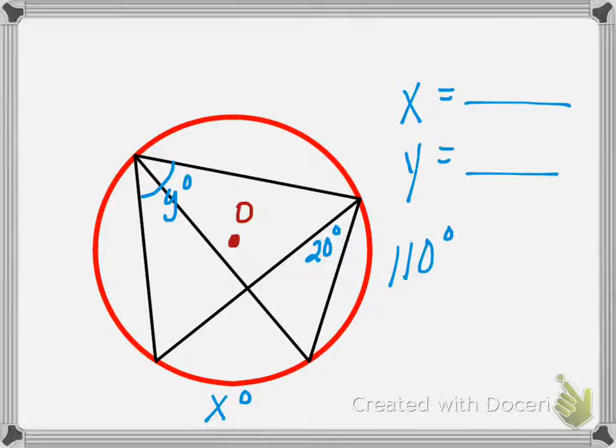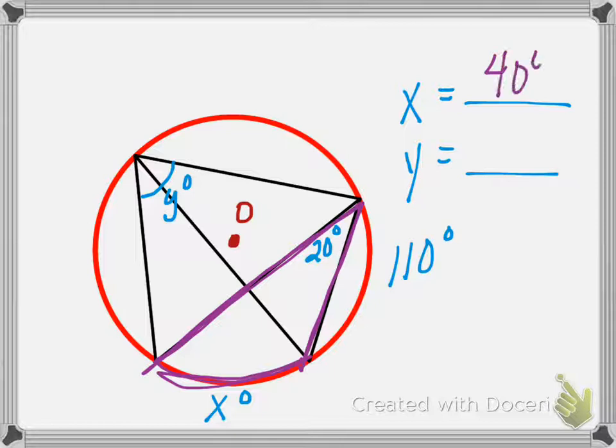First one that I see with a known value is this one right here. I know that my angle's 20, and I see that it intercepts this arc. We said in the previous slide that the inscribed angle is 1/2 the arc. So that means my arc must be 40 degrees.